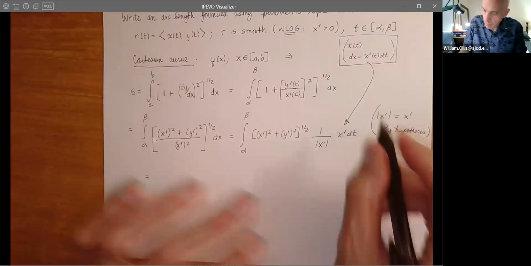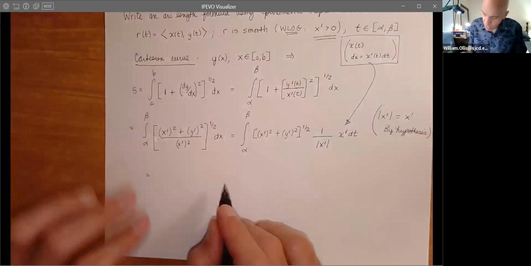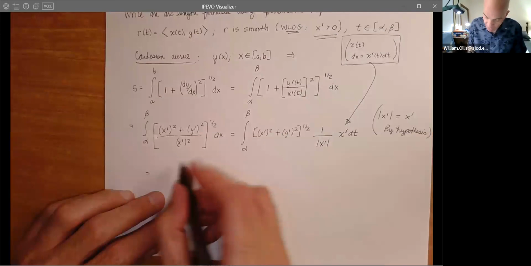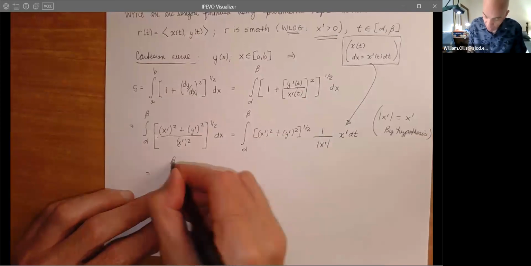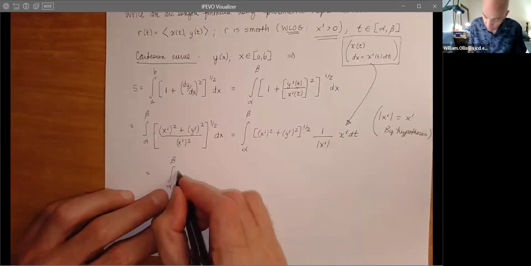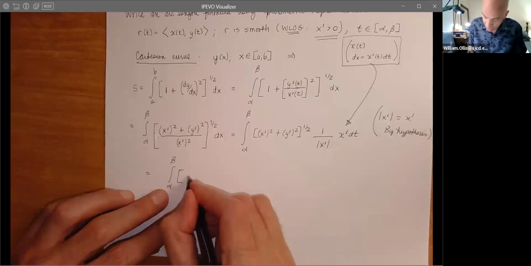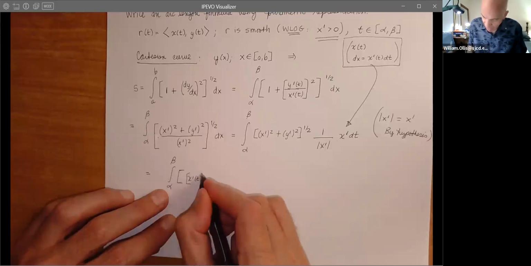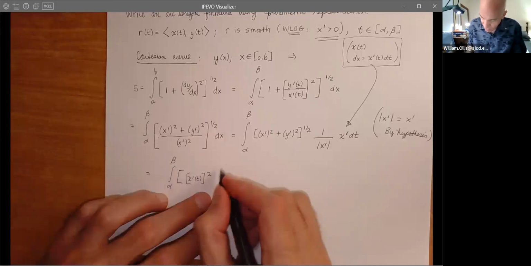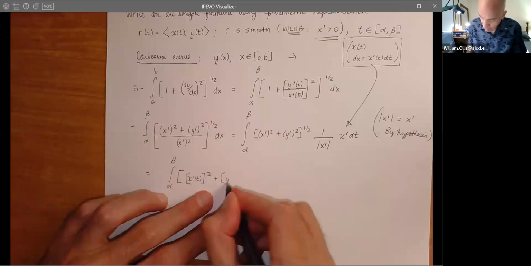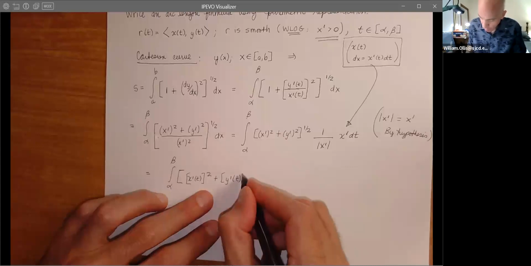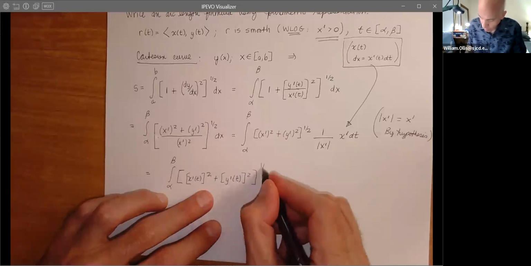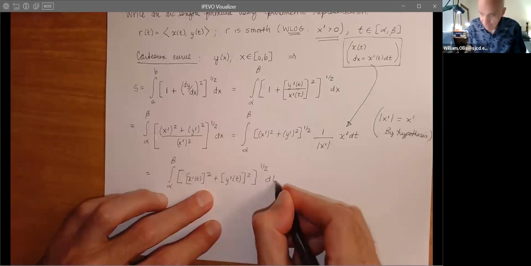So we're using that by the smoothness. And so these will cancel, and we just get the integral from alpha to beta. Now I can write it to make it look a little bit prettier. We'll do x prime of t squared plus y prime of t squared, square root, dt.